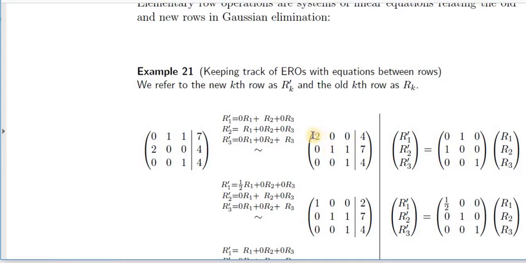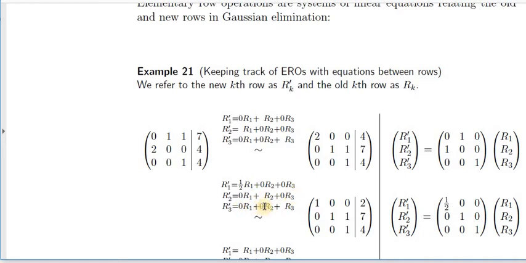So for the new matrix, the first row will be half of this first row. So that means my R1 prime, my new first row, is going to be 1/2 times R1, which is my current first row. And there's no contribution from R2 and R3, so I have 0R2 plus 0R3. And the other two rows I leave the same, so I just have R2 prime equals 0R1 plus R2 plus 0R3.